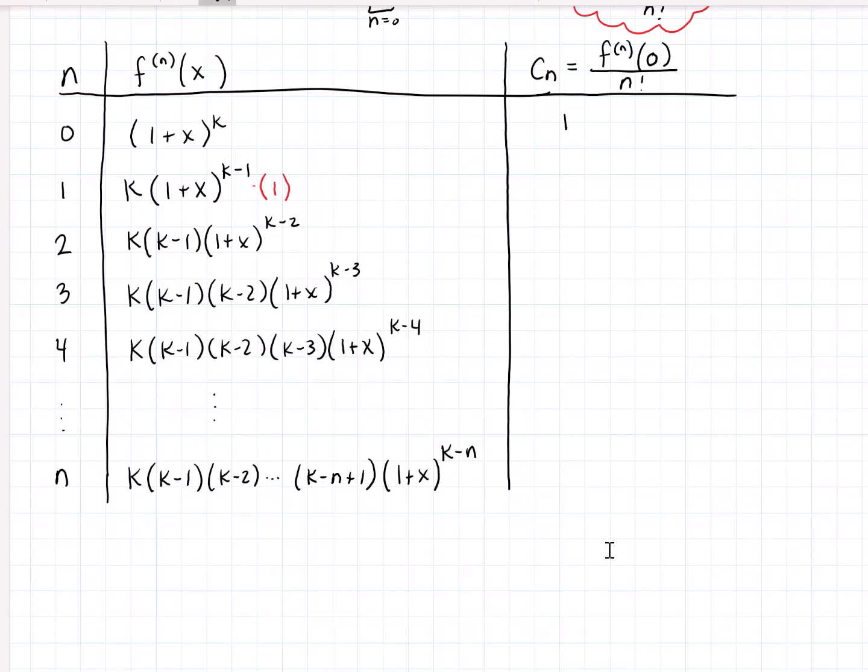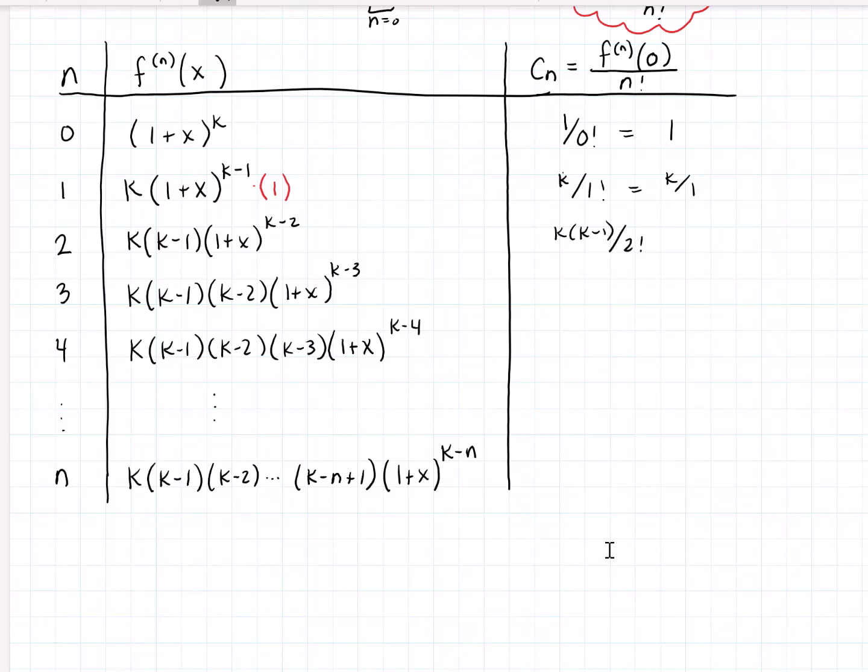And then for the first derivative, the second row in my columns here, if I plug in 0, I'm going to end up with k times 1 over 1 factorial, which would just be k over 1, and then on to the second derivative, k times k minus 1 over 2 factorial, and I'm going to stop expanding the factorials here.